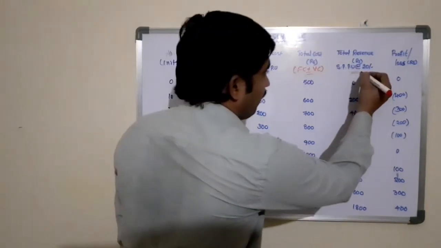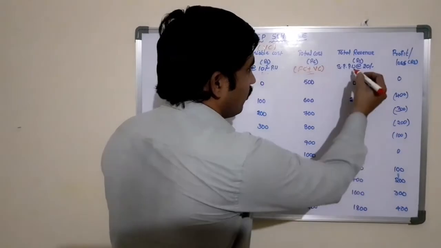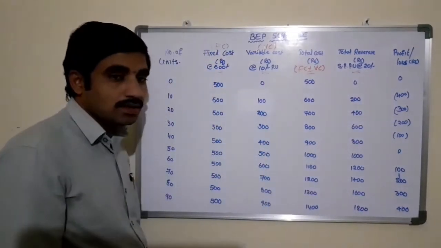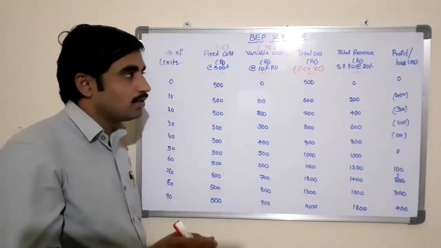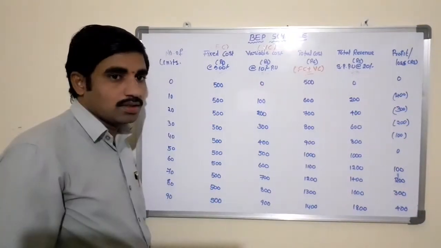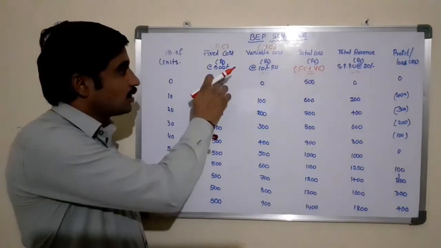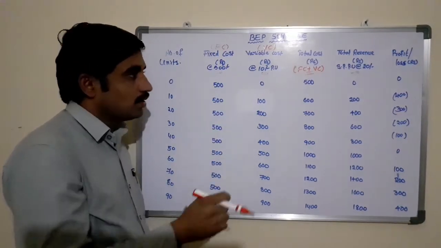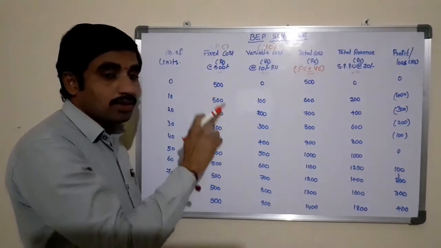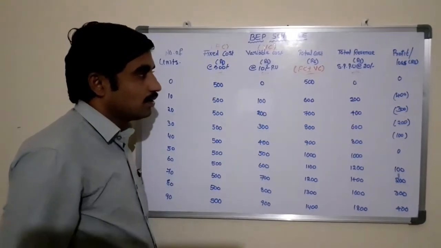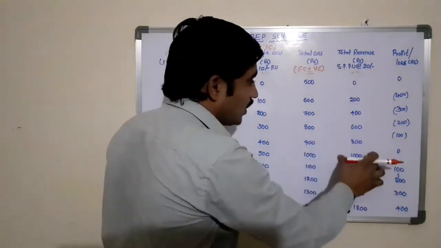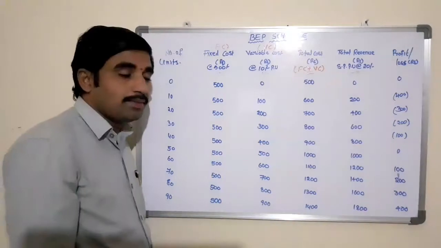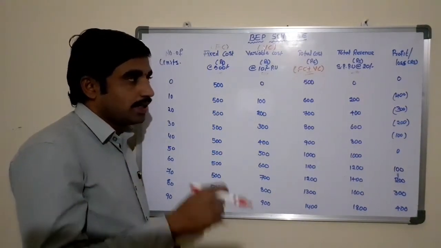Here the important assumption of break-even analysis is that the selling price per unit remains constant, like fixed cost. Fixed cost is constant at 500 and the variable cost per unit is also constant at 10 rupees. Similarly, the selling price per unit also remains constant at 20 rupees.